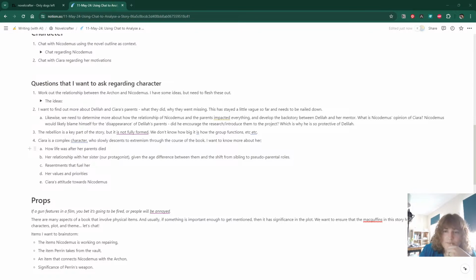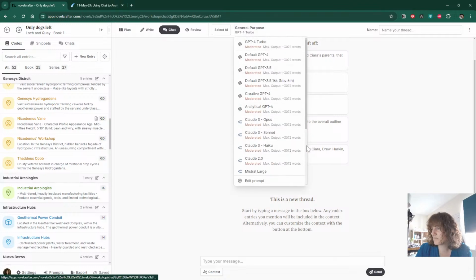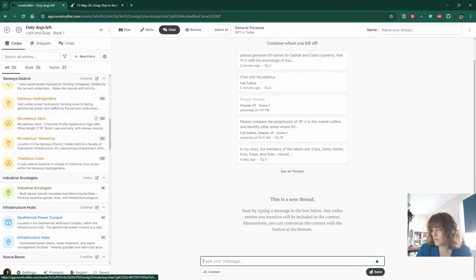Chat with your characters, there it is. Okay, which model do we want to try?